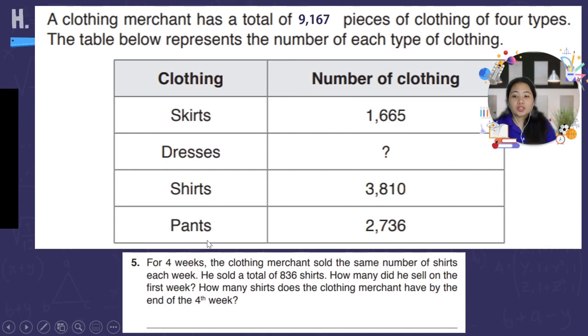Okay, number 5 question. So this is the last question. For 4 weeks, the clothing merchant sold the same number of shirts each week. He sold a total of 836 shirts. How many did he sell on the first week? How many shirts does the clothing merchant have by the end of the 4th week?